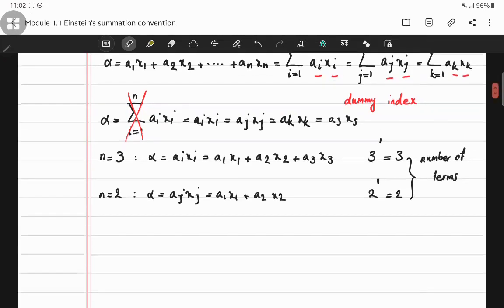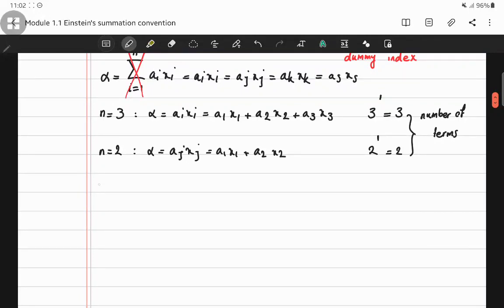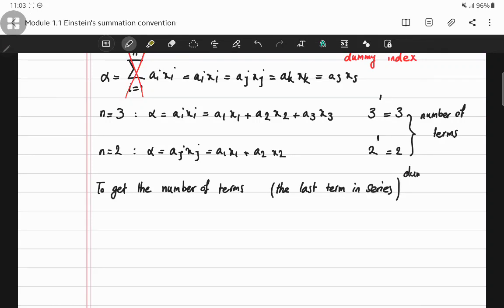So in order to get the number of terms, we can simply write the last term in the series to the power of the dummy index.